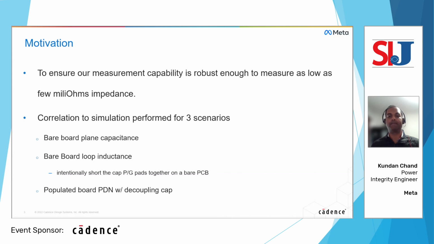And we had a lot of simulations running, and we're able to create the models for our team on various test boards, but we never had a close the loop with measurements and correlating them to our simulation models. So to get a feel of how good our models are, this was important.